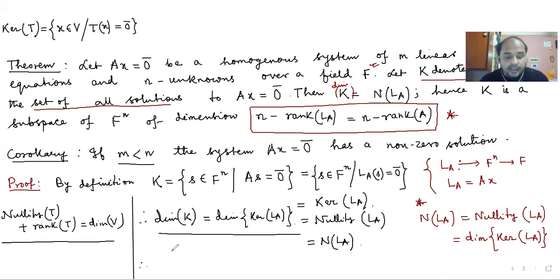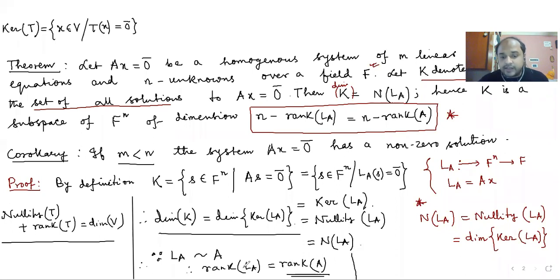since LA is equivalent to the matrix capital A, therefore the rank of LA will be the same as the rank of the matrix capital A. Okay. So if you can find the rank of A, then we will actually be able to find the rank of LA.